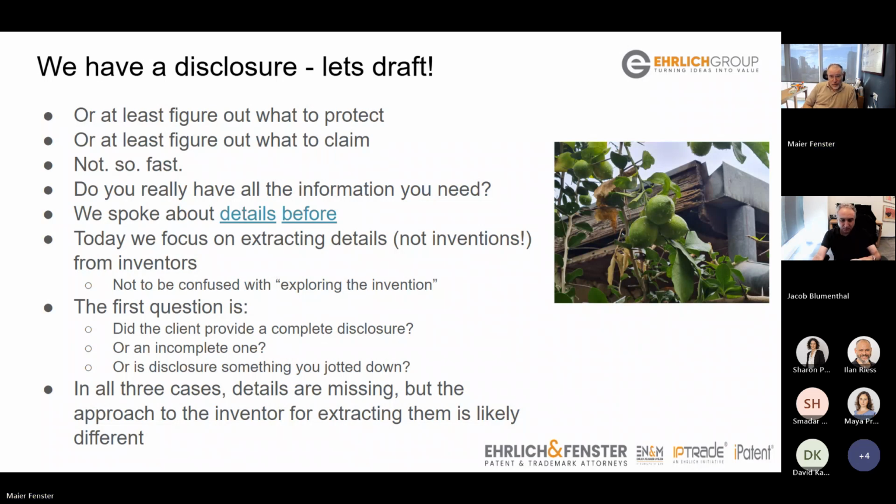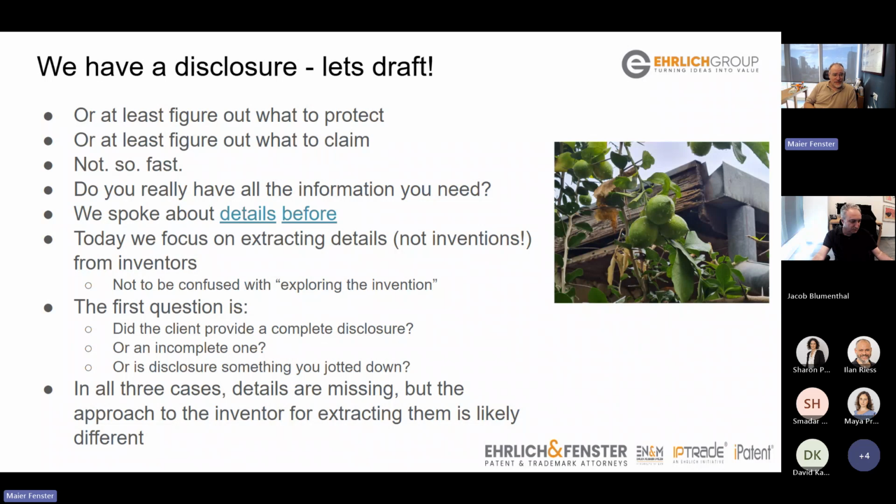Now, I said we have a disclosure, but actually, let's ask, did the client provide a disclosure? If he did, is the disclosure complete? Or maybe it's a disclosure that the client told you by phone and you wrote it down. So in all of these cases, even when the client inventor supposedly provides a complete disclosure, you still have missing details.